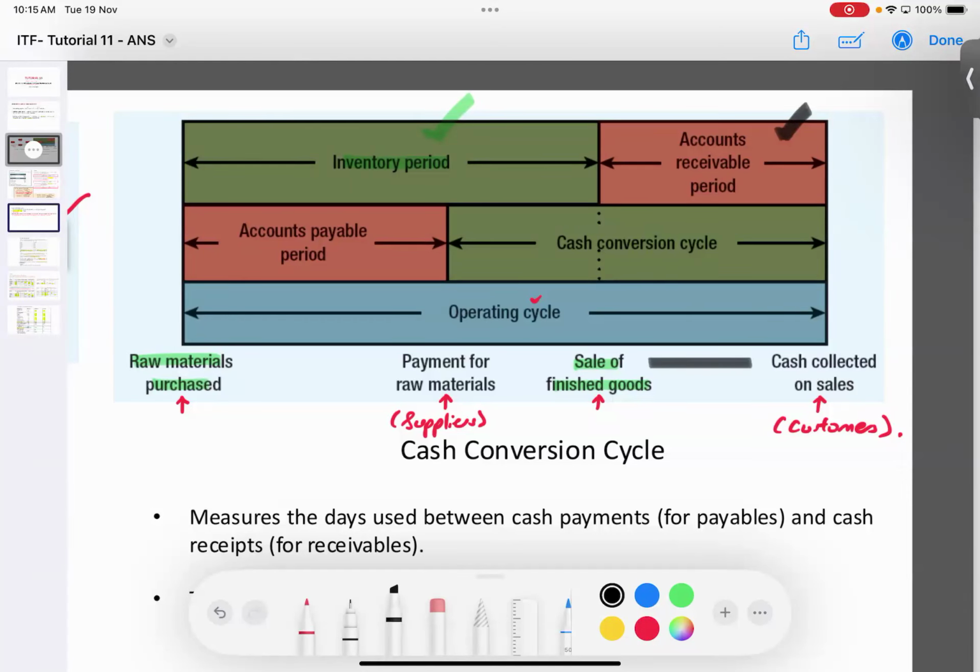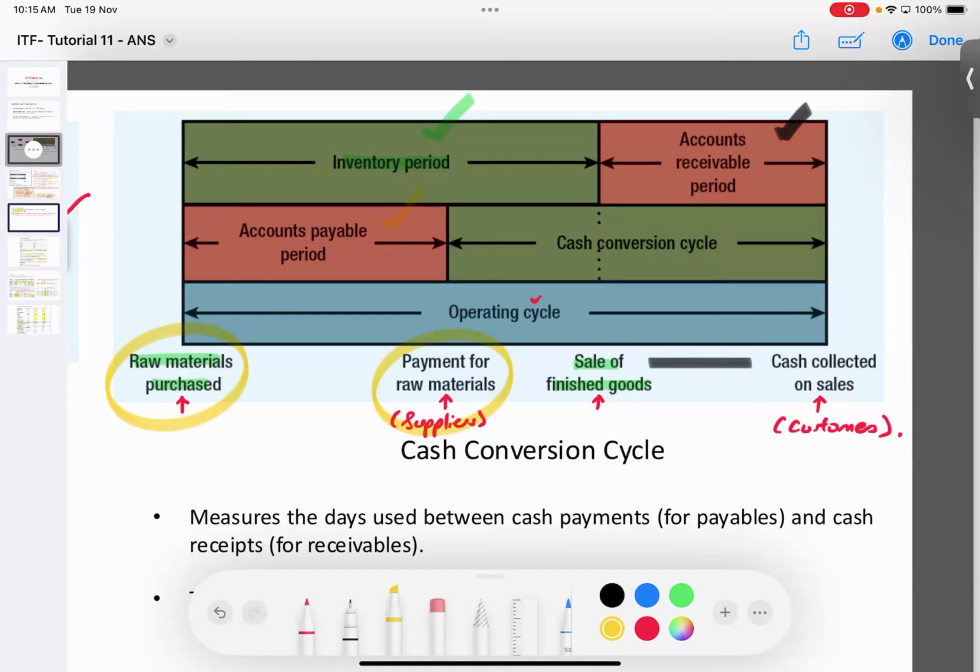That means we look into how many days you use to collect the money back from the customers. Continuing, the period from the raw materials purchase to the payment to the suppliers is what we call the accounts payable period. That means we look into how many days you use to pay off your suppliers.